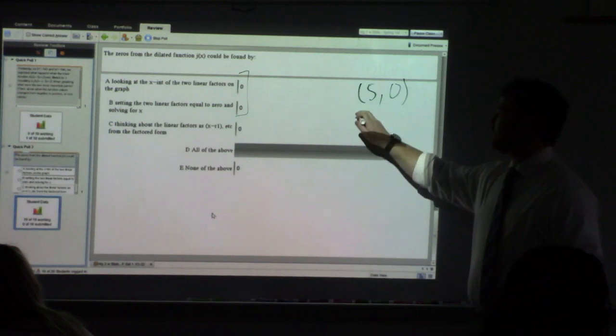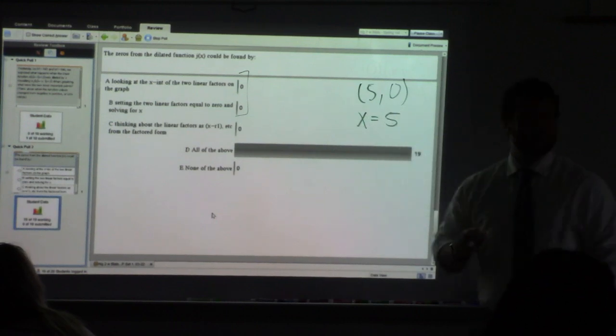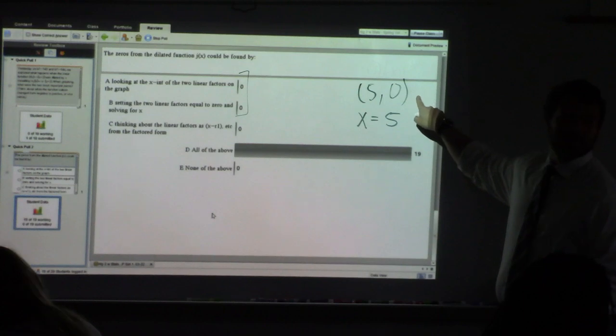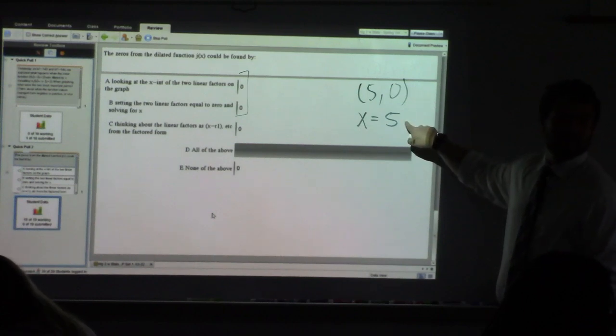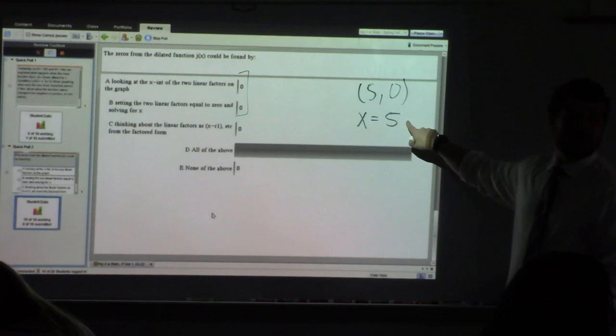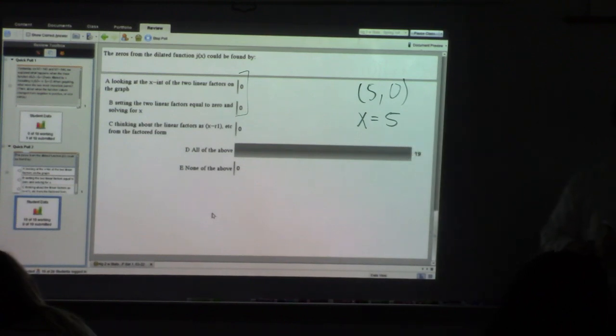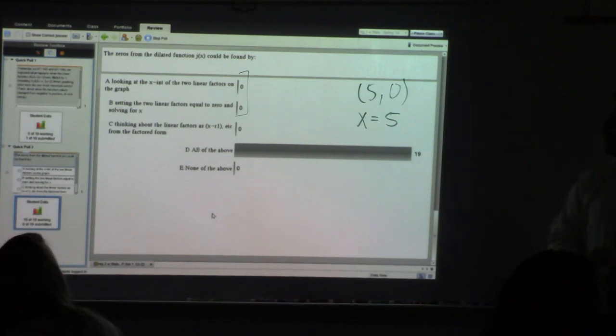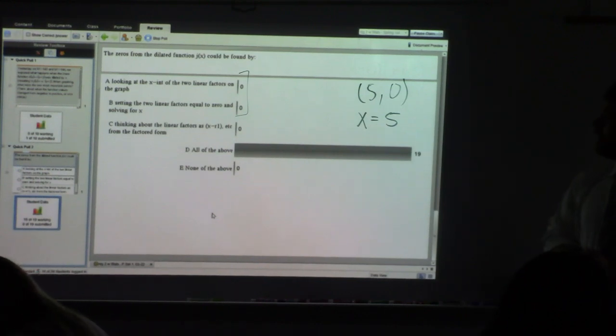The x. So, x-intercept, 5, 0. This is how we always write a zero, because the y value is going to be 0. Whenever I'm talking about a zero, the y value is 0 and I'm asking you for the x value. That's also a way to write the root. As I said, you can find the zeros from those x-intercepts, but the zero would be x equals 5.